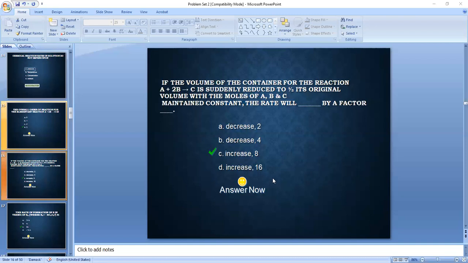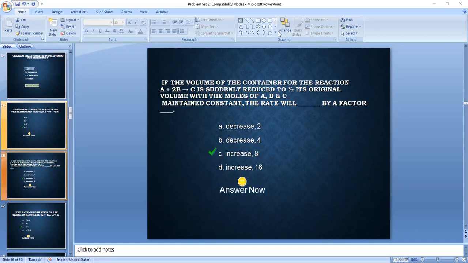Yes. Then concentration of B will be twice also, squared. Now this concentration of B is raised to 2, right? Because it's having a coefficient of 2. So that is why you will have an increase by 8.